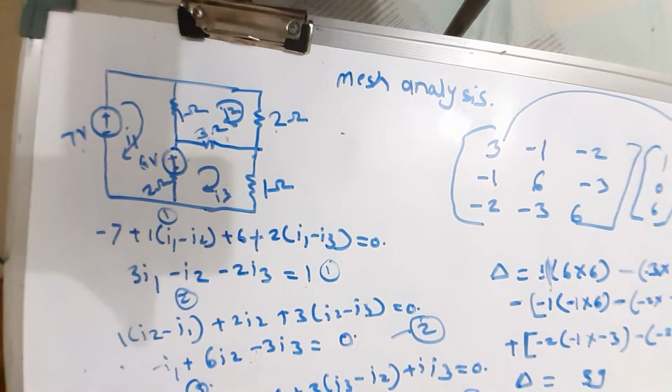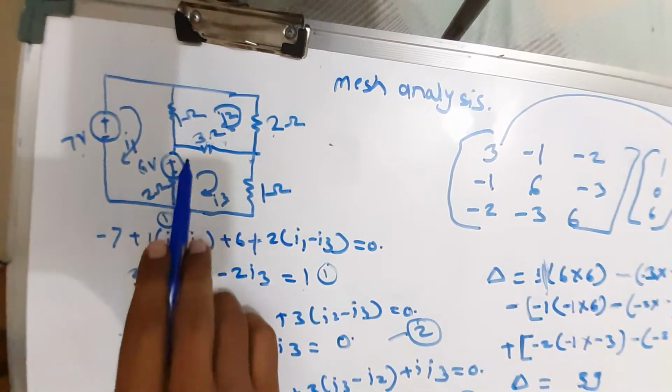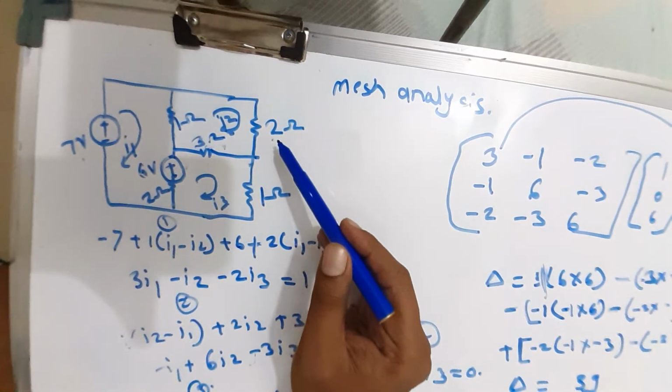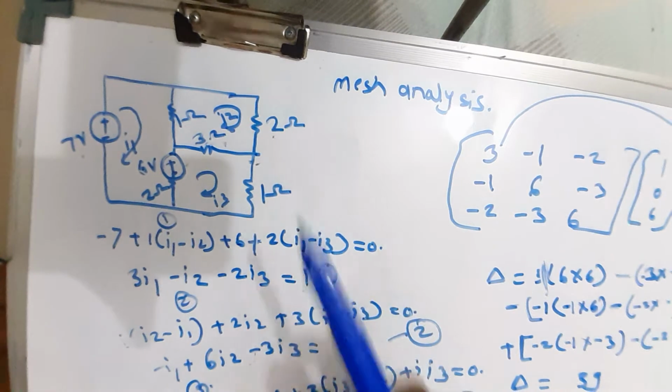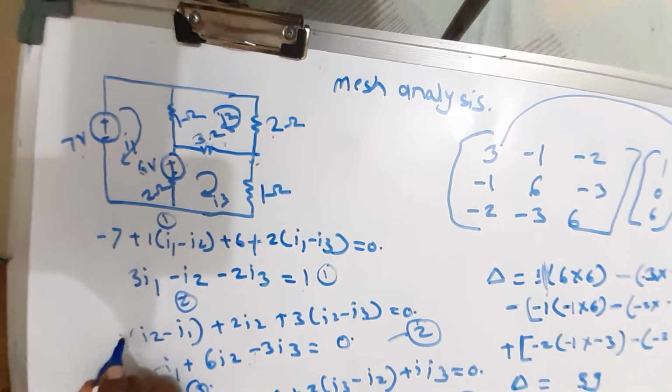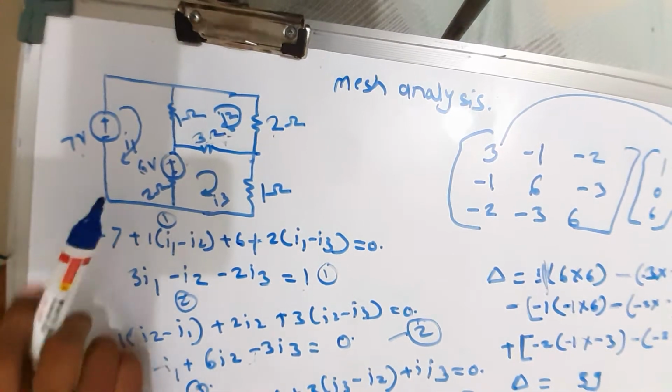Similarly I have to apply KVL for the second loop, that is the I2 loop. I will start from here.